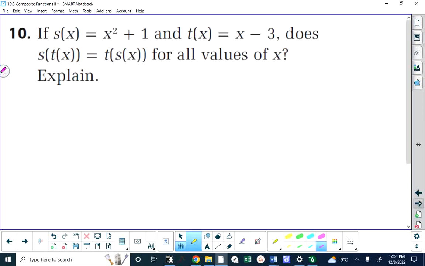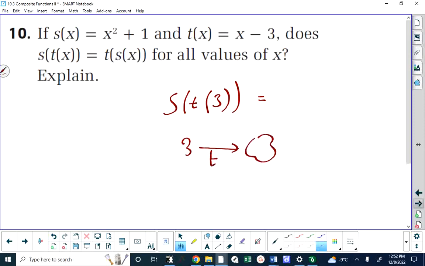Okay. And what that means, there's a lot of ways we could demonstrate if it's false. You could pick a number, for example, and find s of t of 3. This means that I put 3 through t and then put the result through s and get an answer.